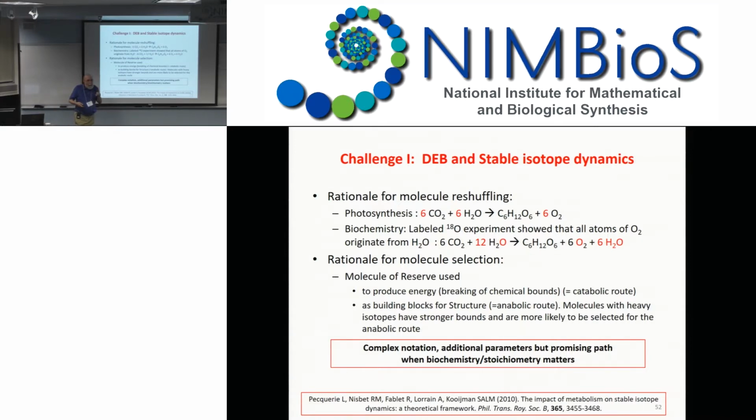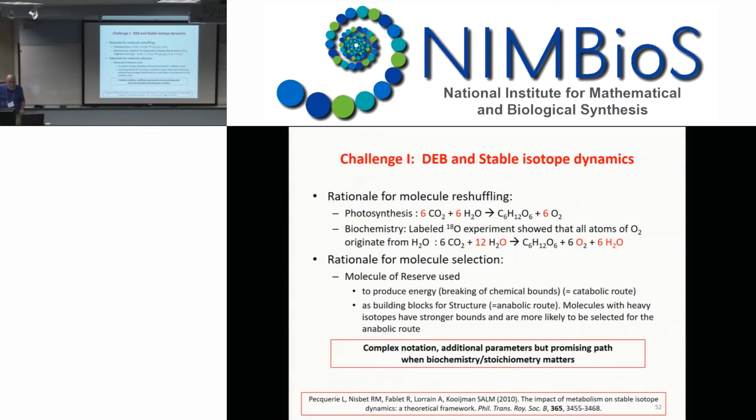And in the DEB model, we actually don't care, in a sense, whether we pay our taxes first and don't worry about turnover of biomass, or whether we convert it into biomass and turn it over. As soon as you're dealing with stable isotopes, this really matters because it tells you the fate of the isotopes within the organism. Laura has written this down. It involves complex notation, additional parameters, and it's desperately screaming out for somebody to simplify it. But the principles are defined here.